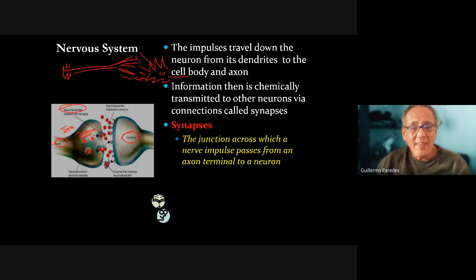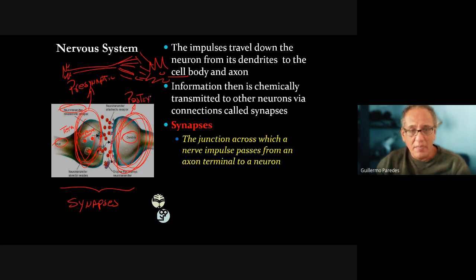I'm going to tell you the anatomy of the synapses. Number one, this is the presynaptic. All this is synapses. All this area is called the presynaptic, obviously, because it is before. Then this area, the dendrite, is going to be called the postsynaptic. Very simple, not complicated. So synapses is everything.